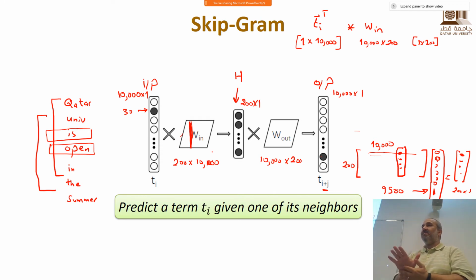Is that clear now? So answering your question, this matrix is just for one term or for everything? For all terms, yes, exactly. Each column is the embedding for one term.